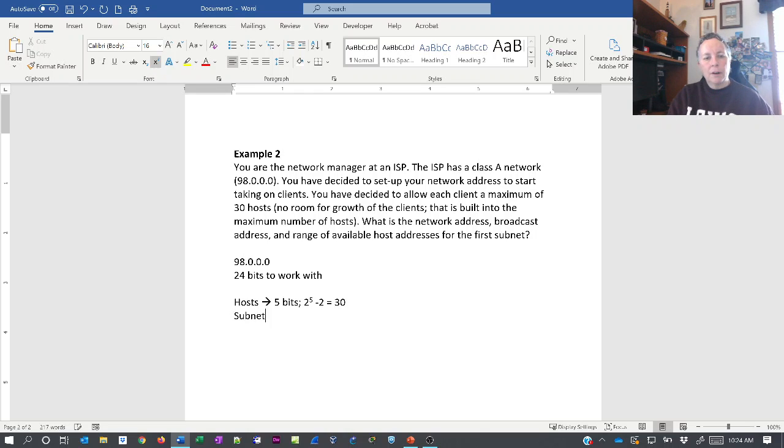So for subnets, I start with my 32, I subtract my 8 for my Class A, and I subtract the 5 that I'm going to work with for hosts. So I end up with 21 bits. Now, if I can do subtraction, 24 minus 5, I end up with 19 bits for subnets.